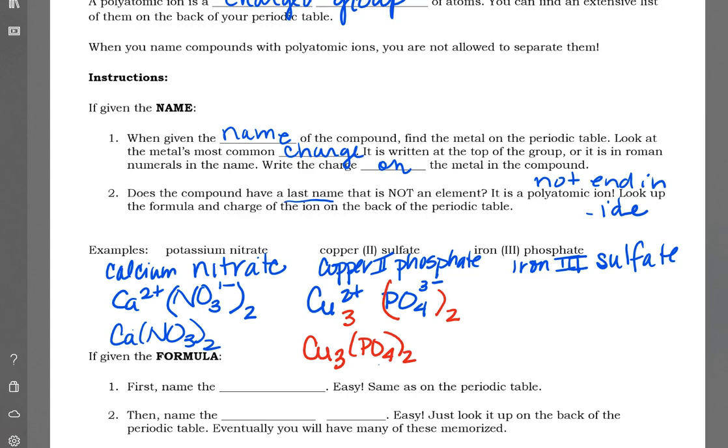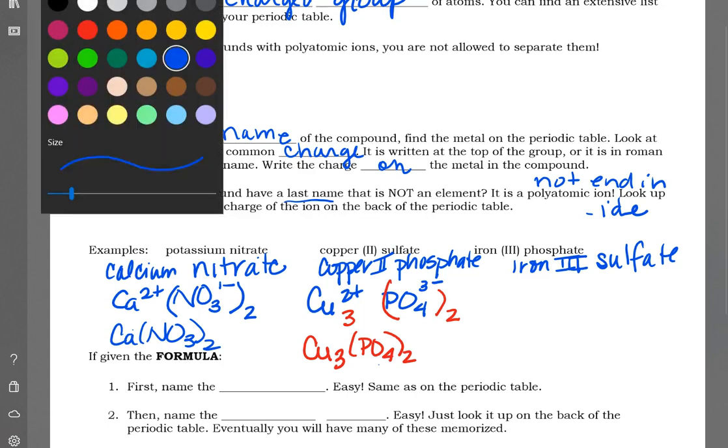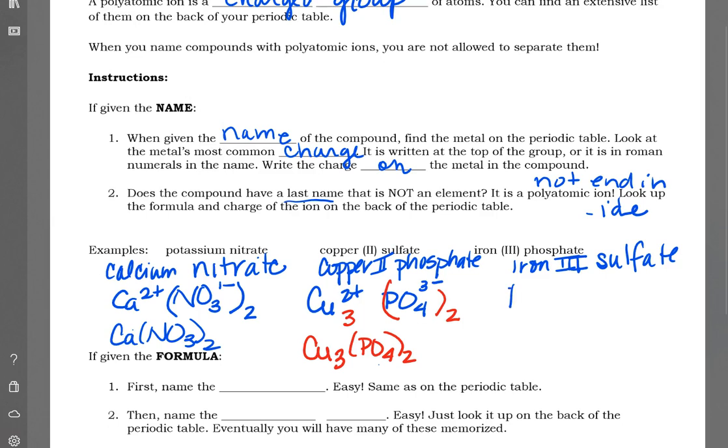Okay? Our third one, iron 3 again. Sulfate, we said, was a -2. Once again, just like we did, we need to make our algebra problem.